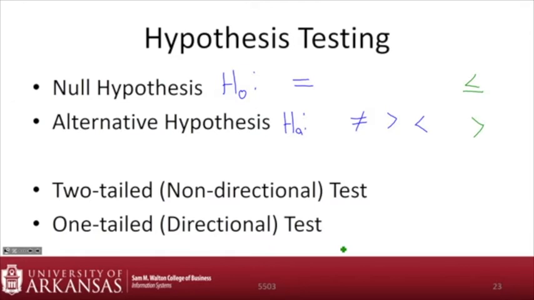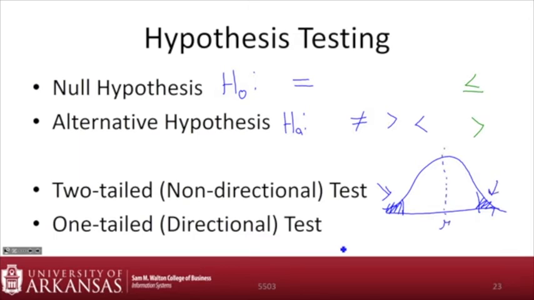So the two-tailed, and I'm assuming a normal distribution here. I'm going back to blue because I like them better. Right, so the two-tailed, I'm interested in what happens below and what happens above. Whereas the one-tailed test, I'm only interested in either below or above.